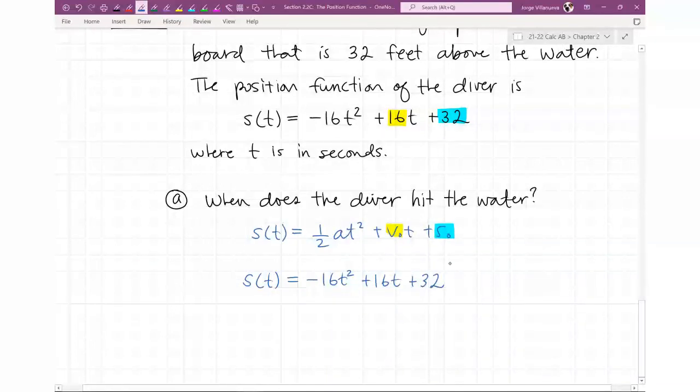I want to use that equation. What do I do with it? Set it equal to 0, because where do I want my position to be? The pool, not the ground. That's height of 0. So I'm going to set this equal to 0.